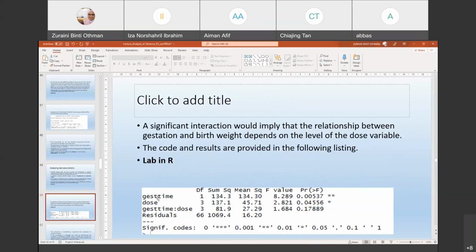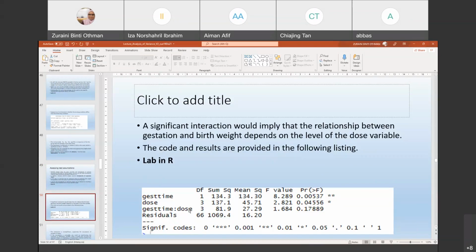Look at this. Now we look at our R. We notice that we put the factors as gestation time, dose, and gestation time interacting with the dose.